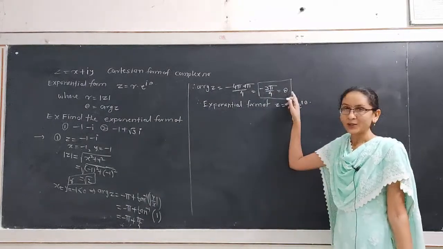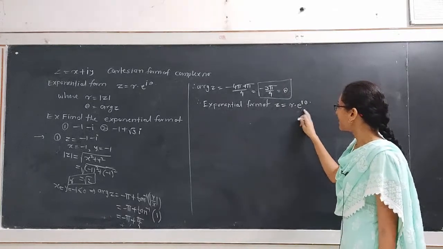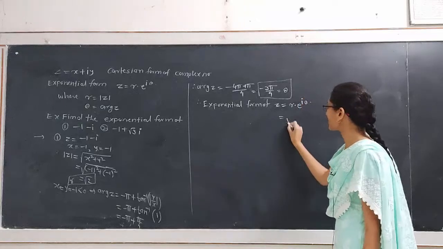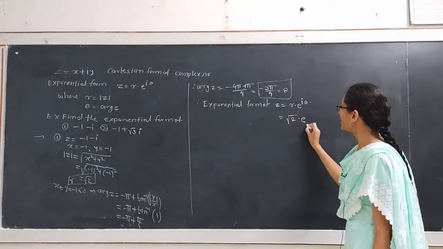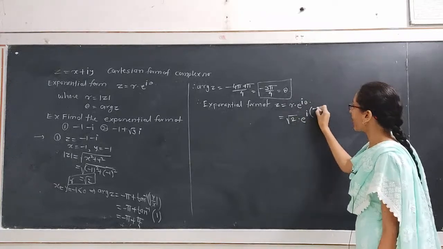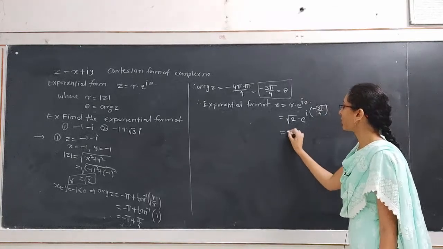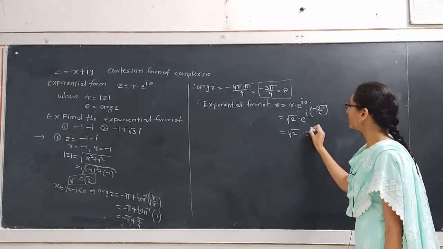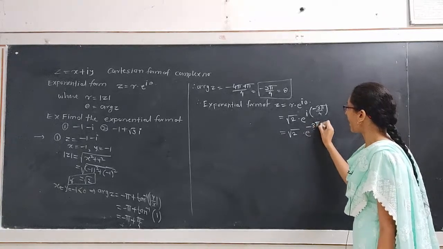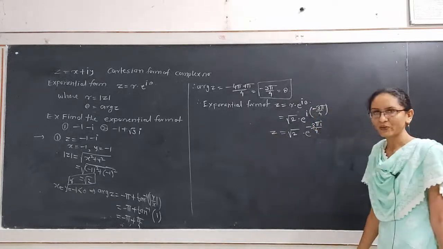For argument of z, we represent it by theta. z is equal to r e raised to i theta, where the r value is root 2 in the first example. It is root 2 into e raised to i into theta, where theta is -3 pi upon 4. This is called the exponential form of a complex number. Root 2 into e to the power -3 pi i upon 4 is the required exponential form of the complex number.